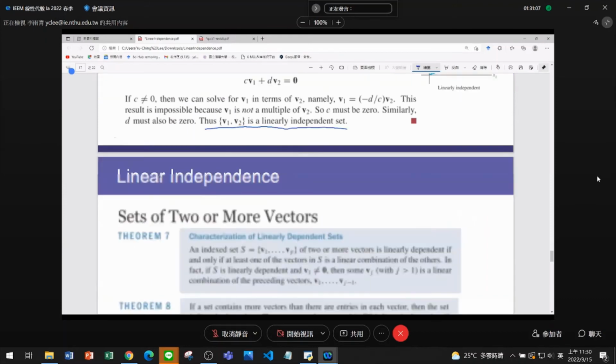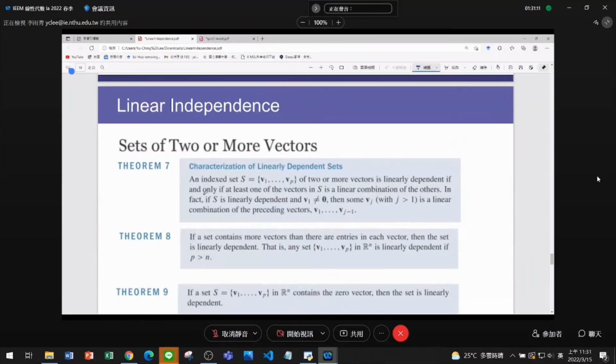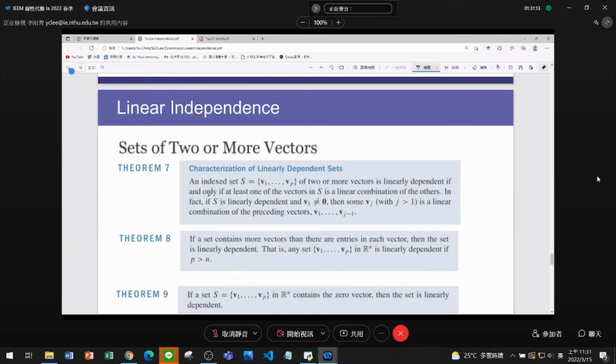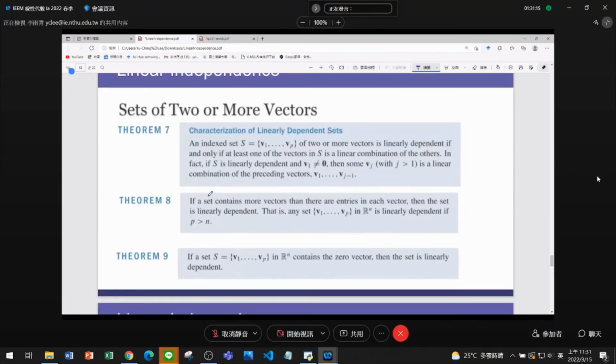Then for a set of two or more vectors，接下来要讨论两个或以上的 vectors 的定理了。For the first theorem, an indexed set S of two or more vectors is linearly dependent if and only if at least one of the vectors in S is a linear combination of the others.